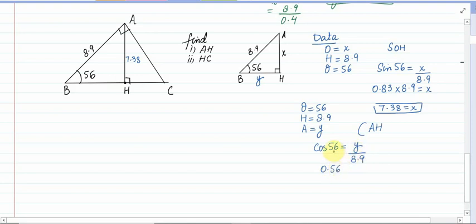When we shift on the left side, it will be multiplied with this answer. So we got the value 4.97. Right? Now we have the value of BH, that is 4.97.